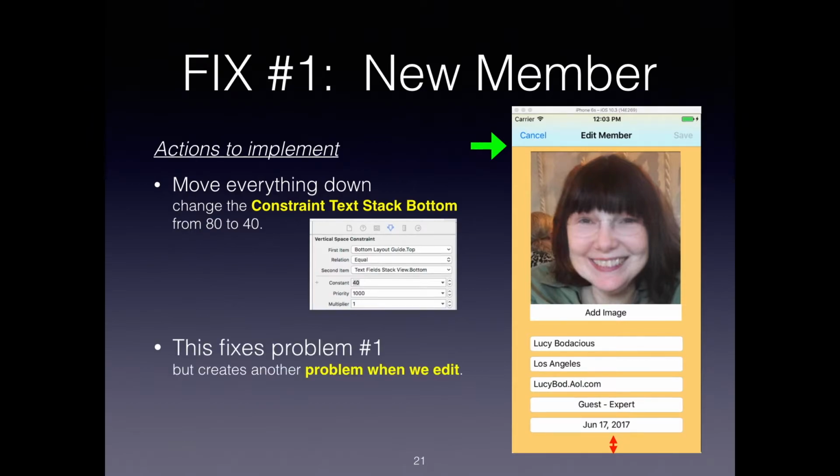So you have a lot of controls over a lot of things. So we can change that constraint from 80, which is what it was in the beginning, to 40, and that fixes problem number 1, but it creates another problem. And so let me first do it, and then I'll show you the other problem it creates.